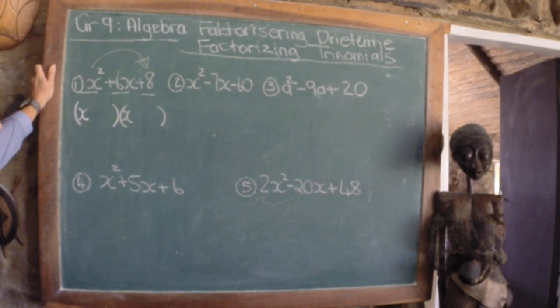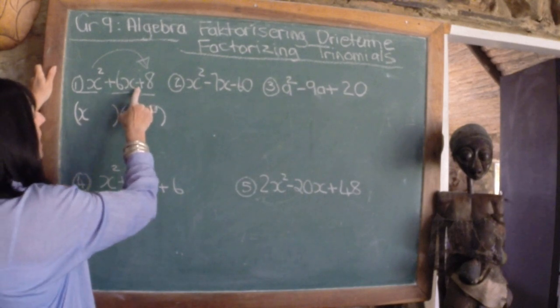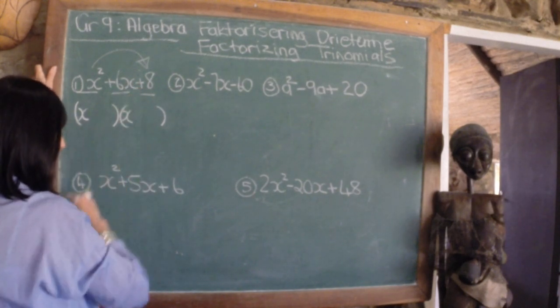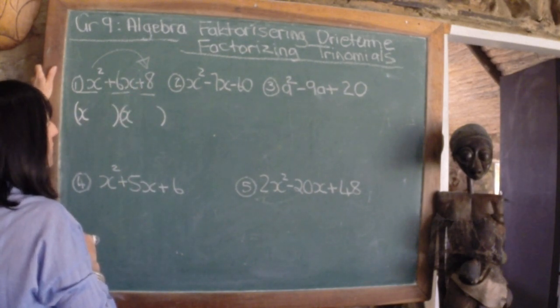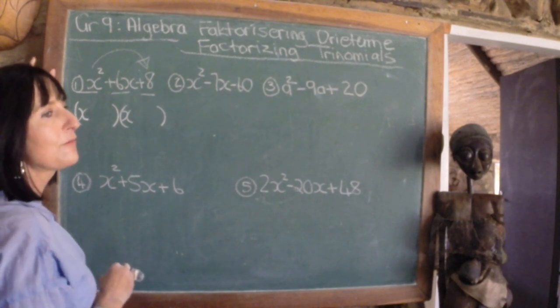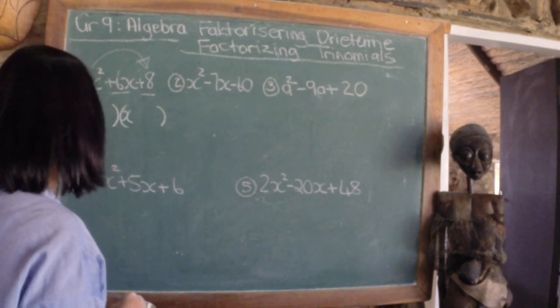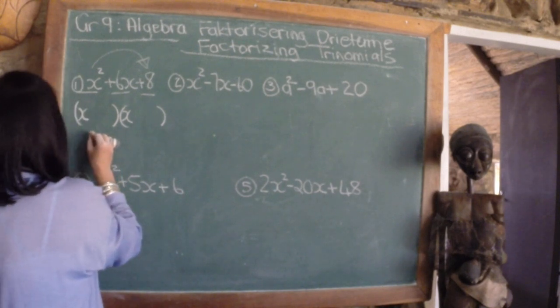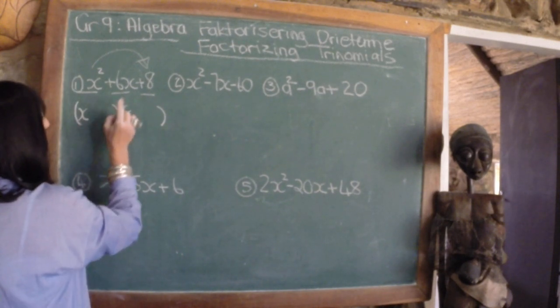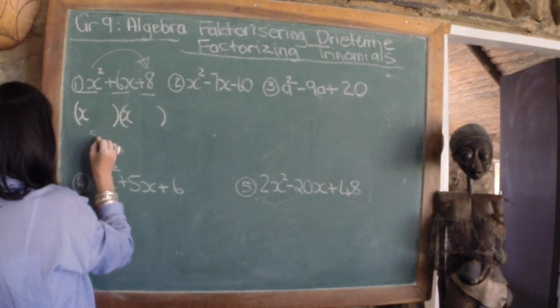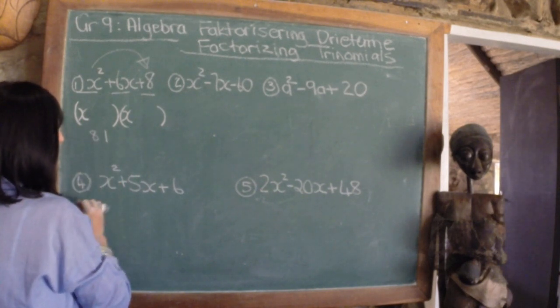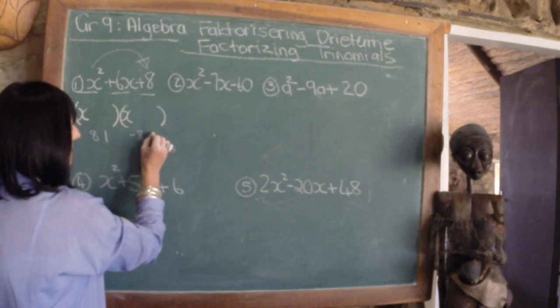En my derde term graad 9's is plus 8. Very important to take the plus with the 8. Nou gaan ek vir myself vra, wat is die faktore van 8? Nou die faktore van 8 plus 8 is 8 en 1 of minus 8 en minus 1.